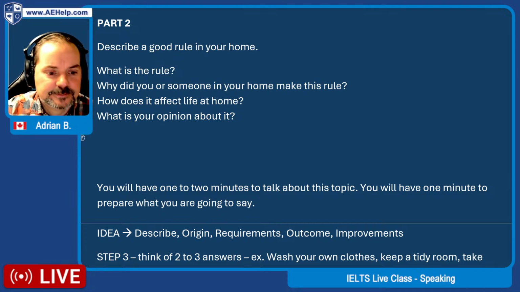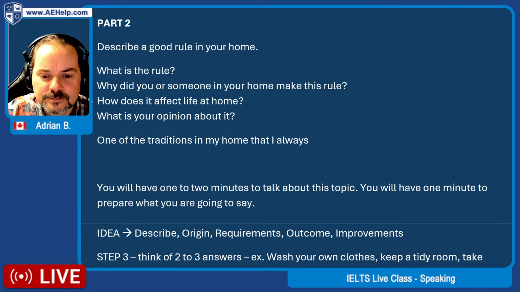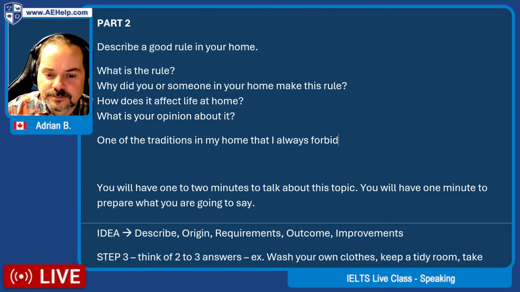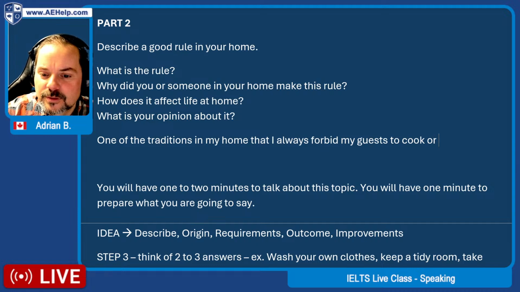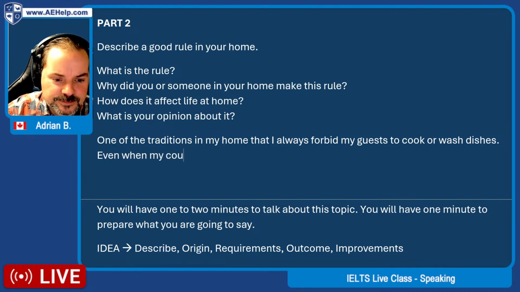So one of the traditions in my home is that I always forbid my guests to prepare food or wash dishes. Even if my brother, my nephews, or my daughter arrive to visit me, I always ask them to feel like at home, at a relaxed place, and they don't need to take care of cooking or washing dishes, or whatever.